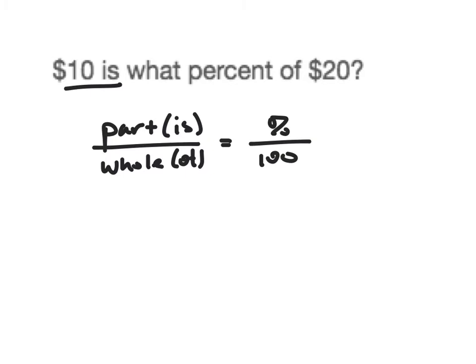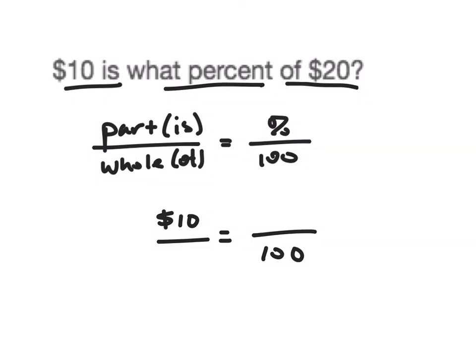Let's write out our proportion. Put this over 100. $10 is what percent of 20. So of 20 is going to go in the denominator down here, so I'm going to put $20 here. And what's the percent? If it's asking for what percent, that's what goes here, so I'm going to put my x in for my percent.